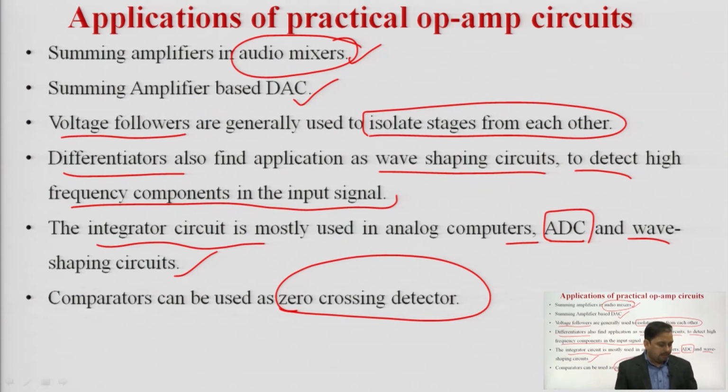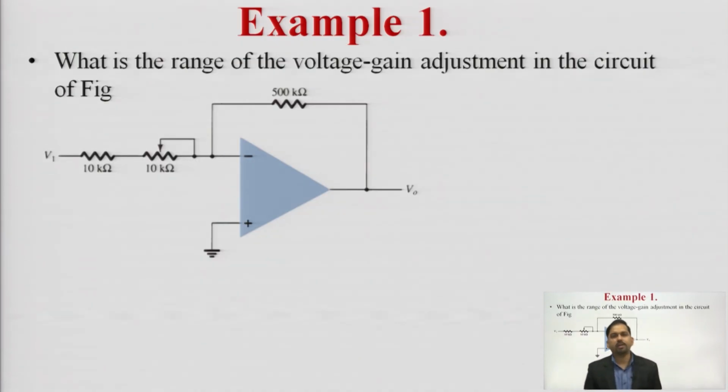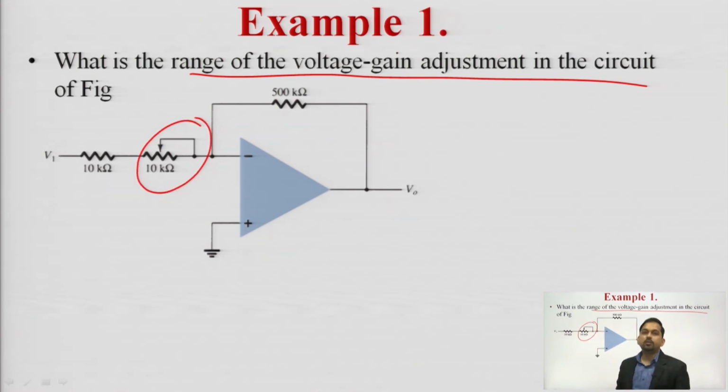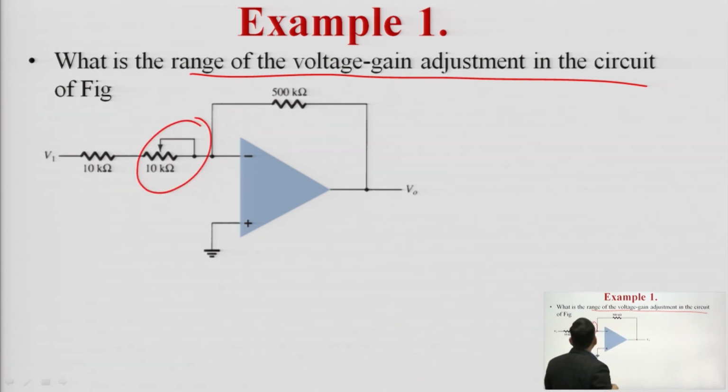After these applications, we have some numericals which use these particular configurations. We have the very first example. Here we need to find the range of the voltage gain adjustment. We have a variable resistance over here which is 10k. The variable resistance will provide either 0k ohm or a maximum of 10k ohm.